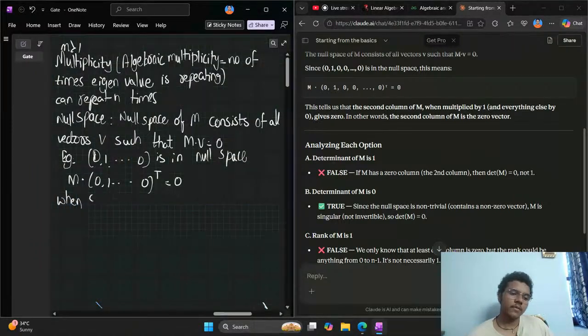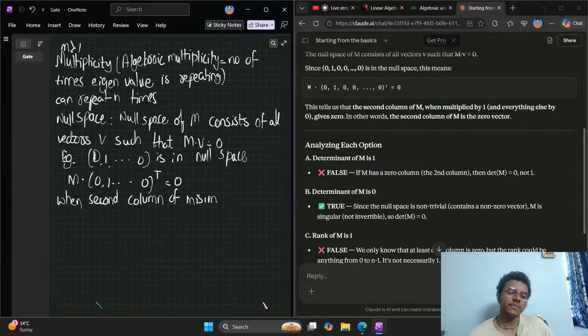When the second column of M is multiplied by 0 gives 0.